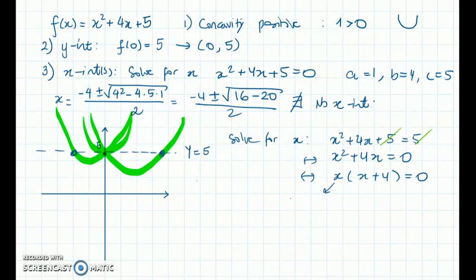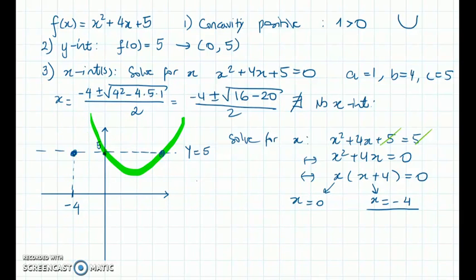So we can apply the null factor law to say that either x is equal to 0 or x is equal to negative 4. So that means that the other point that is at the line y equals 5 and at my parabola has x coordinate negative 4. So that will be the point over here, negative 4. And that's the point over there.